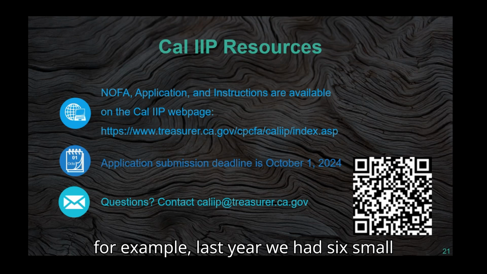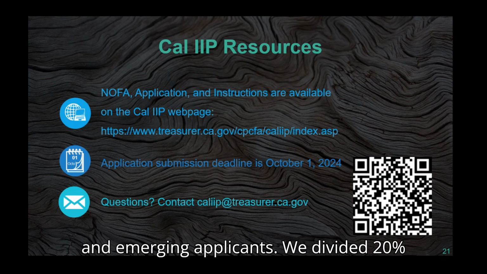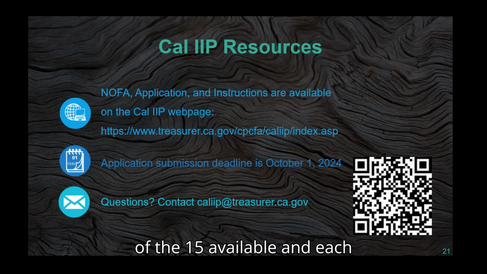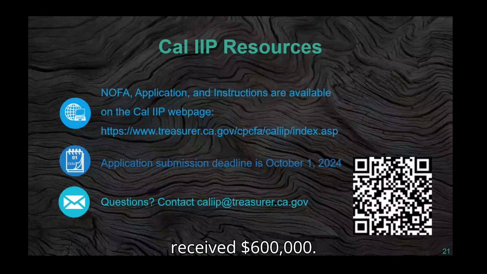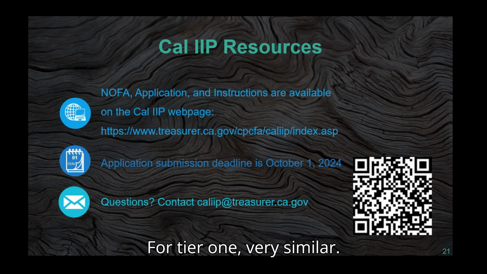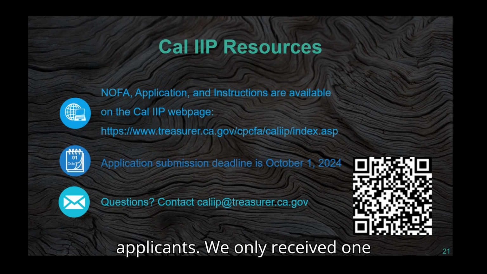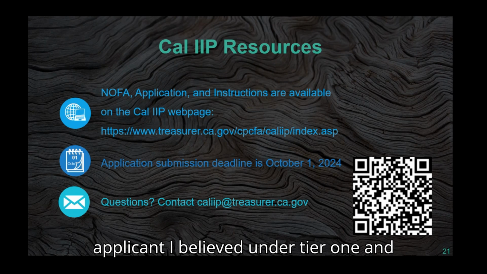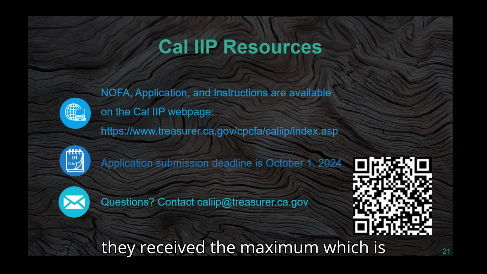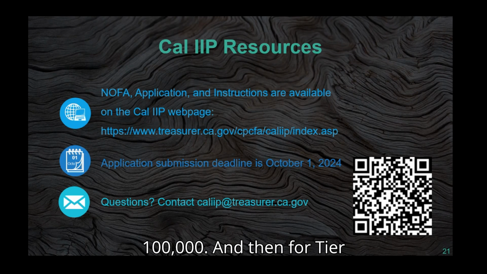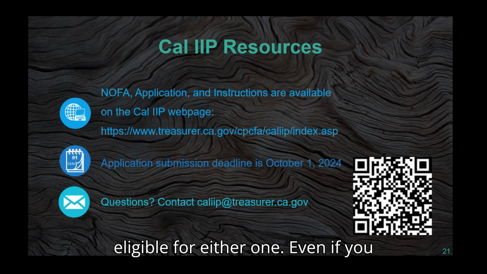For example, last year we had 6 small and emerging applicants. We divided 20% of the 15 million available and each received $600,000. For tier 1, it's very similar. It's divided amongst all tier 1 applicants. We only received 1 applicant, I believe, under tier 1, and they received the maximum, which is $100,000. And then for tier 2A or B, you are only eligible for either one.